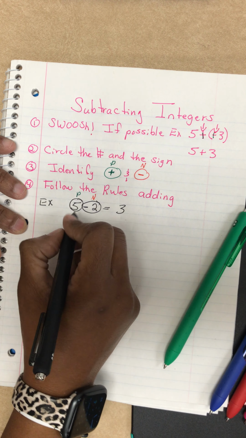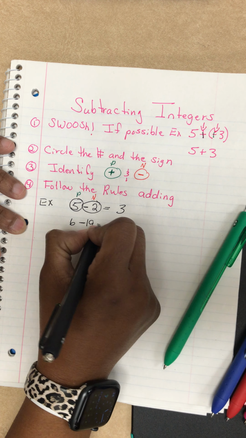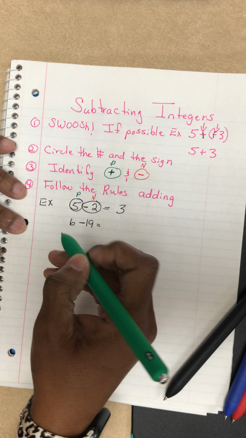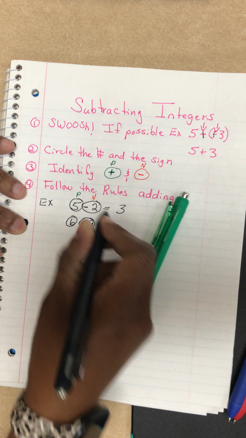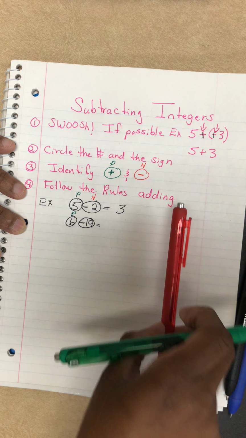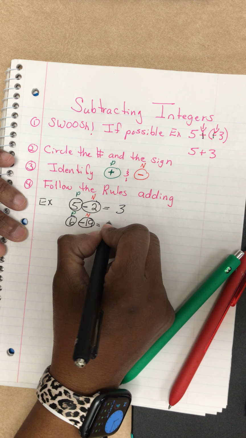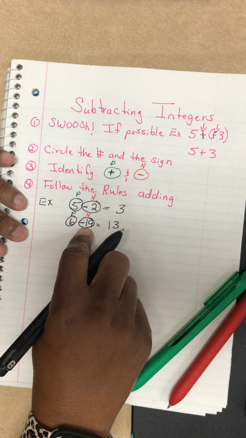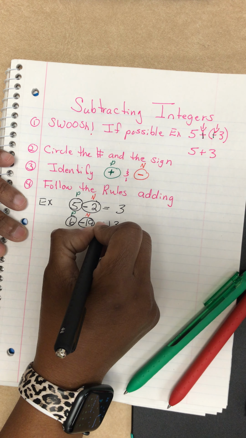Second problem. Identify each one. This is going to be a positive. This is going to be a negative. 6 from 19 is 13. The sign of the largest number is 19, so it's going to be a negative.